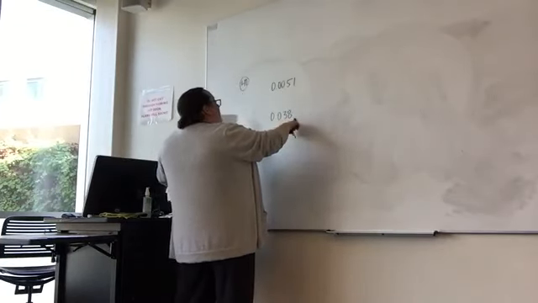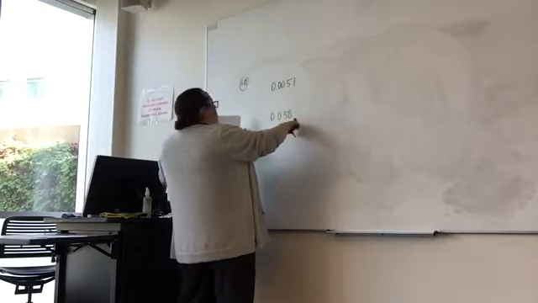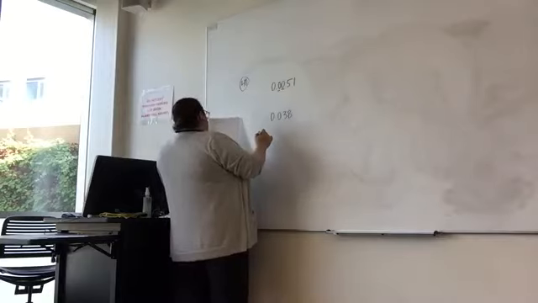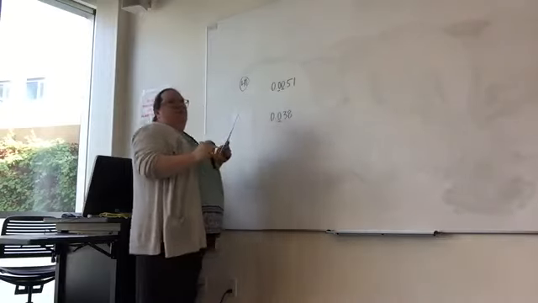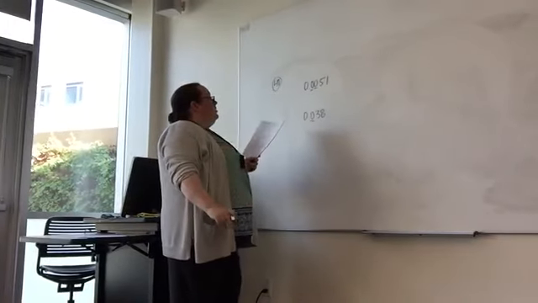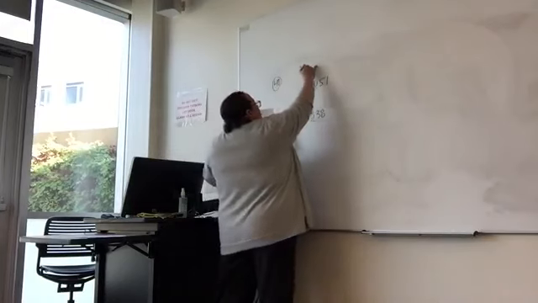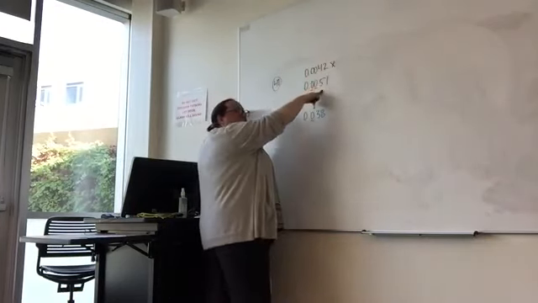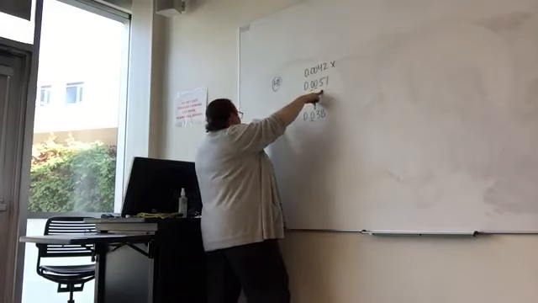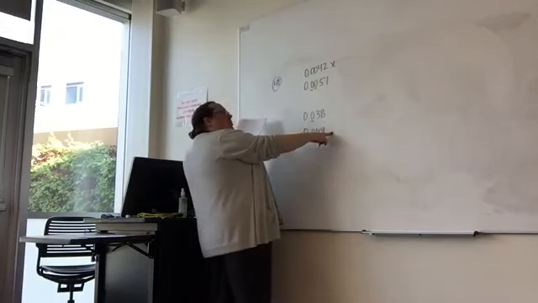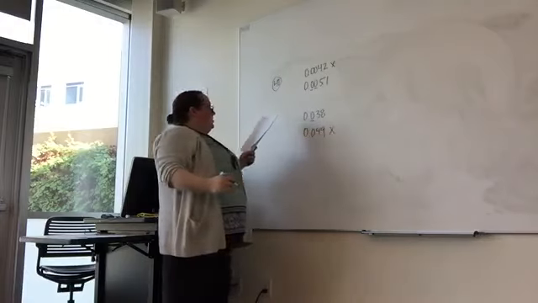So which are the ones that I can exclude? Notice I have 2 zeros here, right? And I only have 1 zero here. So which are the terms that I can exclude? Well, I can exclude 0.0042 because that comes before 0.0051. And I can exclude 0.049 because that comes after 0.038.